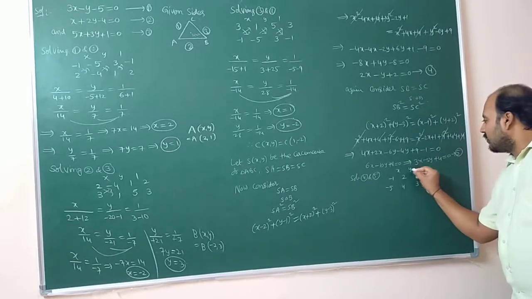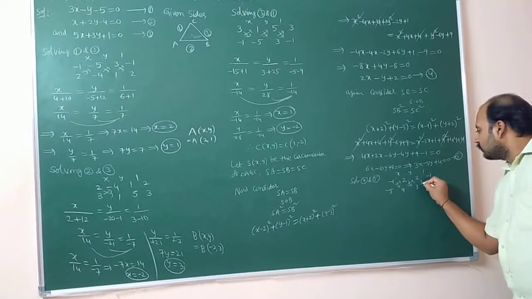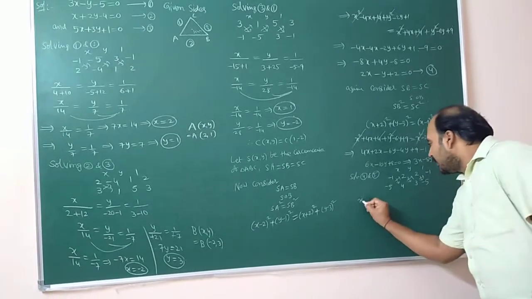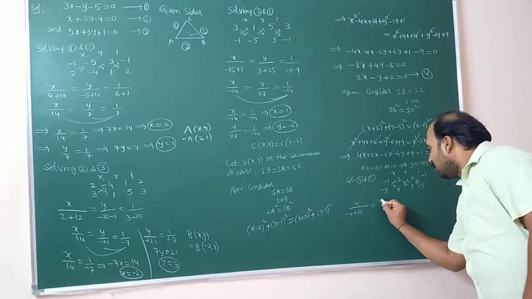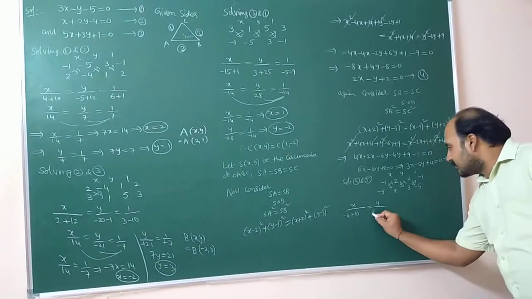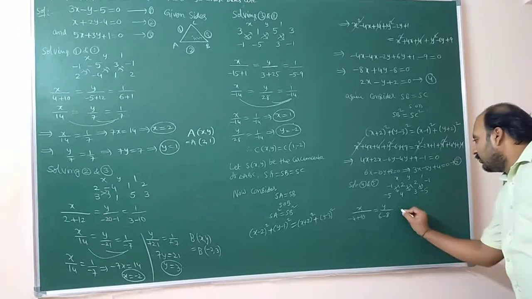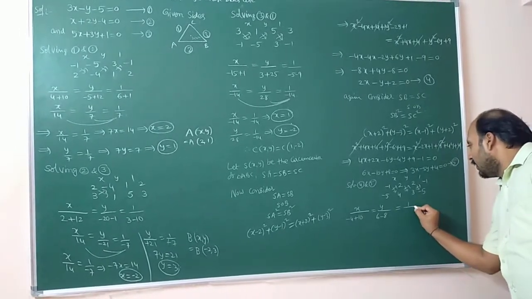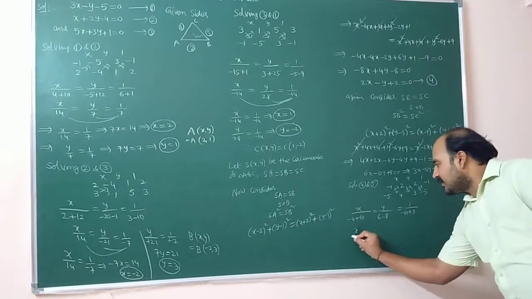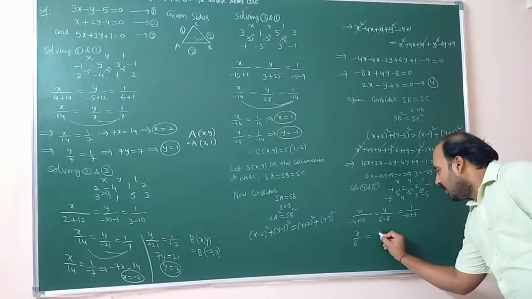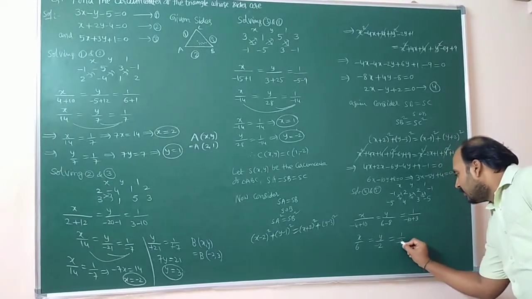Here x, here y, here 1. x divided by minus 4 plus 10, y divided by 6 minus 8, which is equal to 1 by minus 10 plus 3. So x by 6 is equal to y by minus 2 equal to 1 by minus 7.